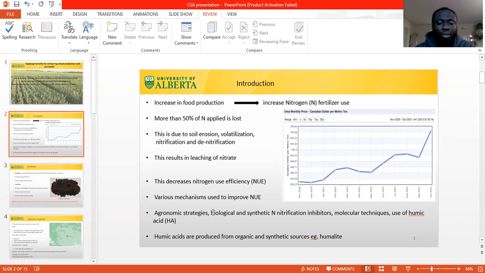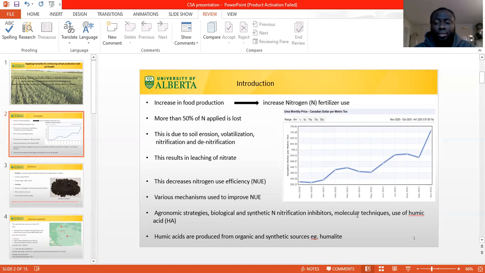These include agronomic strategies such as cropping systems and also mode of fertilizer application. You also have biological and synthetic nitrification inhibitors that slow down the rate of conversion of ammonium to nitrate. You also have molecular techniques such as breeding for high nitrate transporters that can take up nitrate.